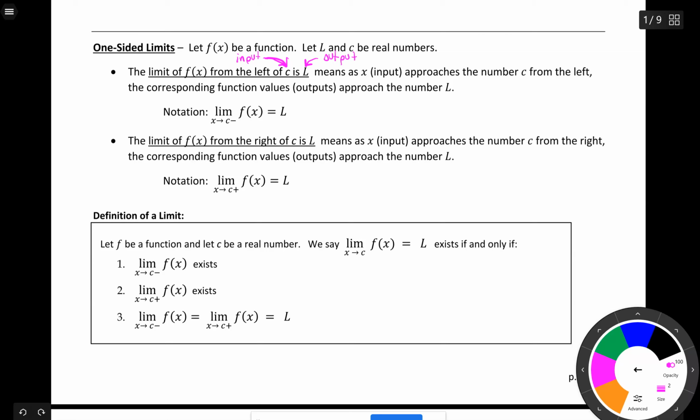So as you're approaching C, that's some kind of input. As you're approaching that input, you're going to approach some kind of output. So this is what that notation looks like. Here's your input. It's the input from the left. That's why you have that little negative sign. And you're approaching some kind of output. That's the height of the graph.